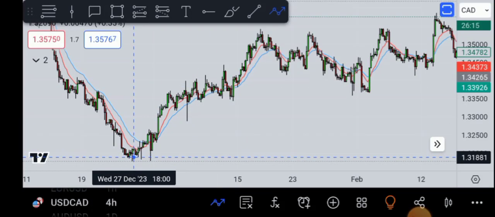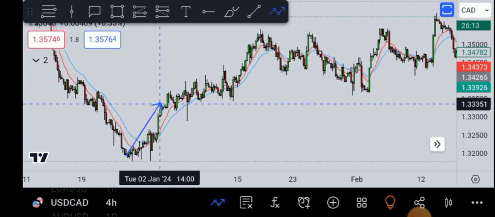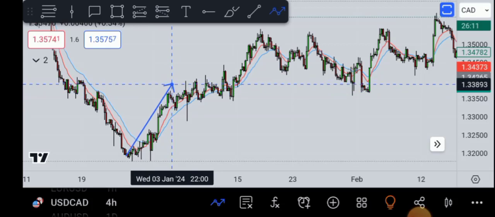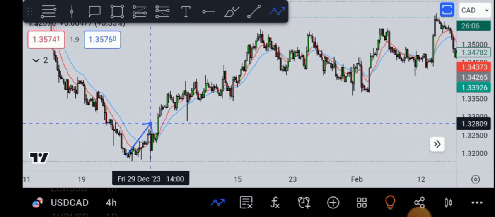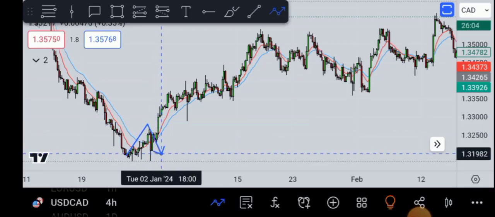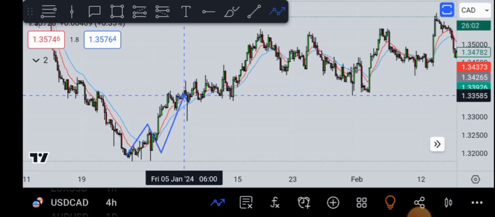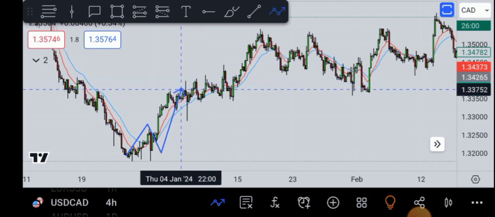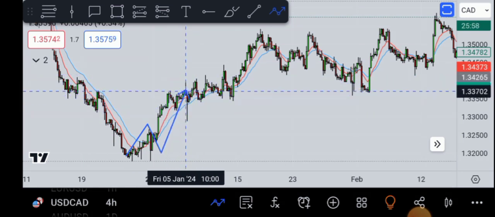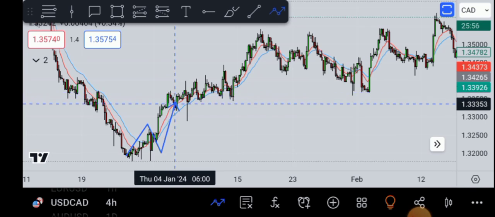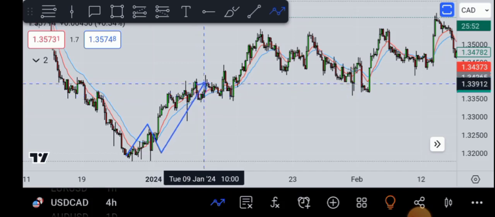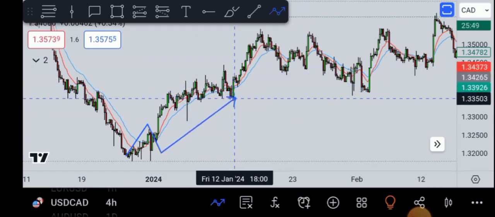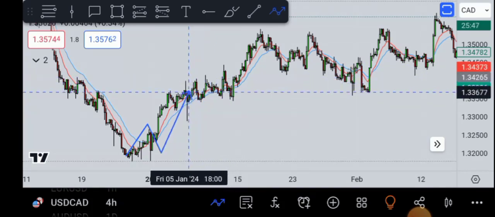Now, price moved up from this area, came down here, came up to this place, came down to this place, came up. It actually did a series of movements here: down, up, down, up, down, up, but I'll just take the significant ones.